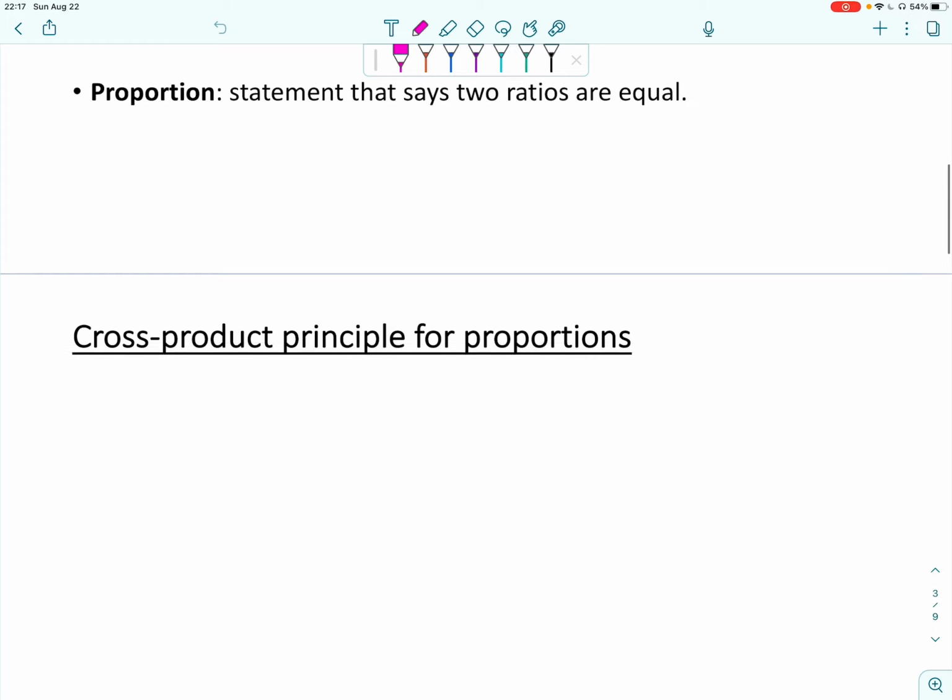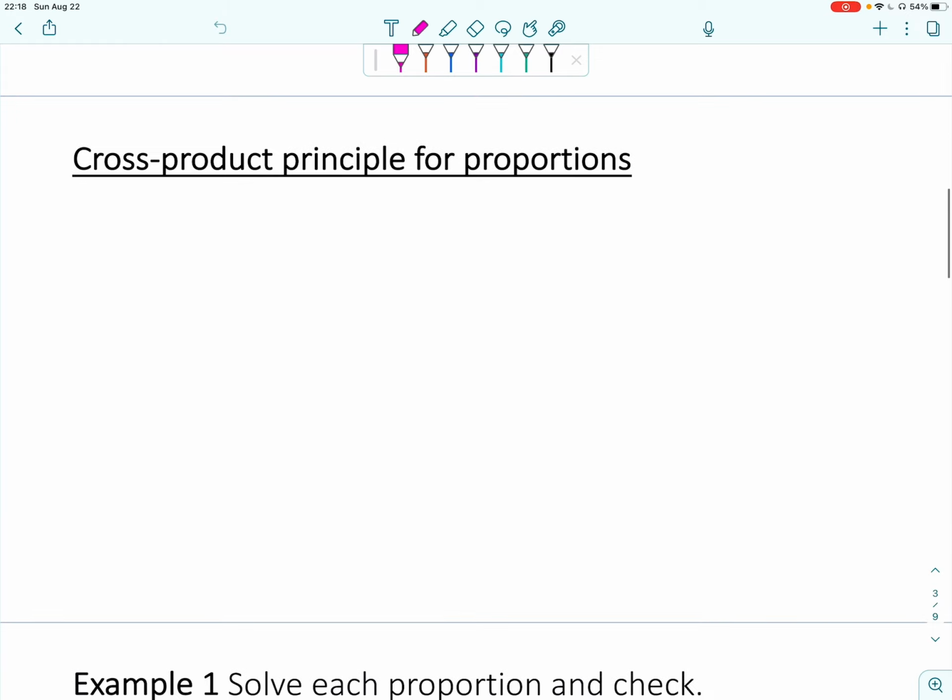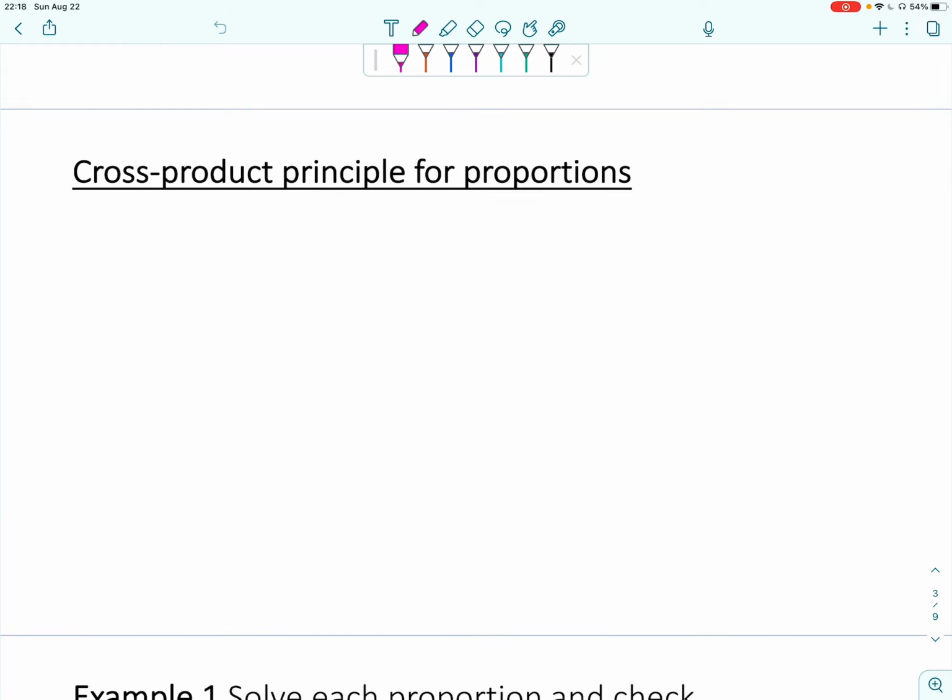And we can use proportions to solve for missing values using the cross product principle for proportions. This states that if you have two proportions, one that says A/B, and that's equal to C/D. So I have two ratios that are equal to each other, so therefore it's a proportion.